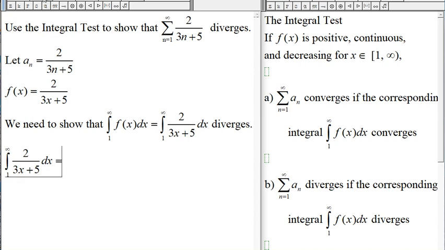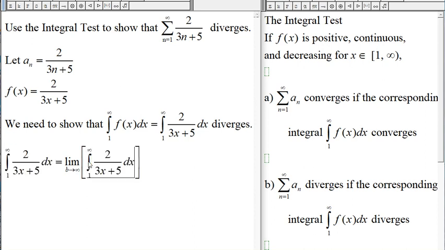So first, let's rewrite this using some limit notation. So we have the limit as b runs to infinity of the integral from 1 to b, which is the same thing as what we have here.